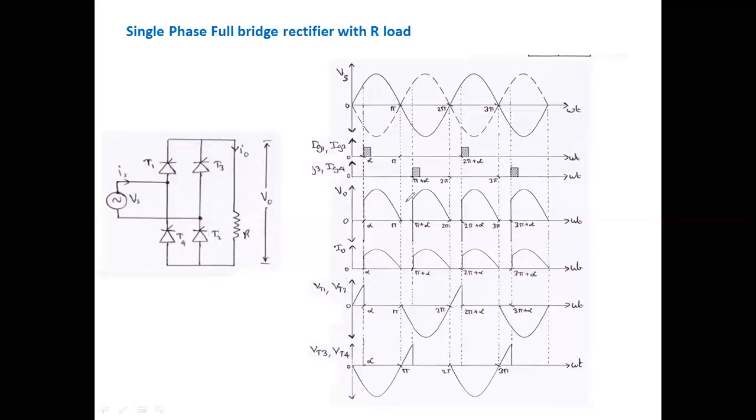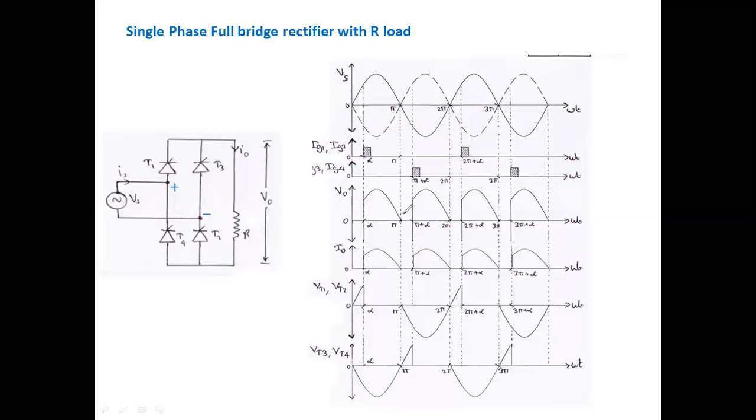Now mode 3. In mode 3, the input voltage waveform becomes negative. So we can say that this terminal becomes negative and this terminal becomes positive. So thyristors T3 and T4 become forward biased and thyristors T1 and T2 become reverse biased. Thyristors T1 and T2 behave as an open circuit, but thyristors T3 and T4, though forward biased, do not start conducting as we have not applied the gate signal.